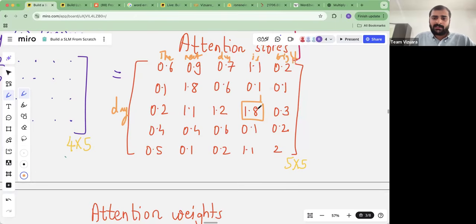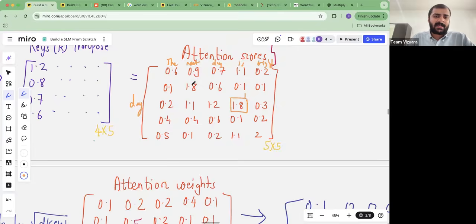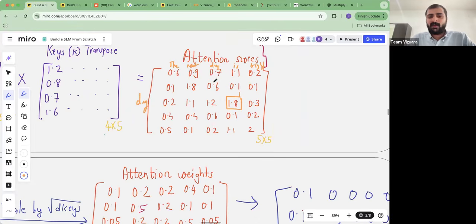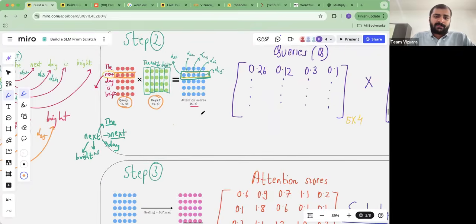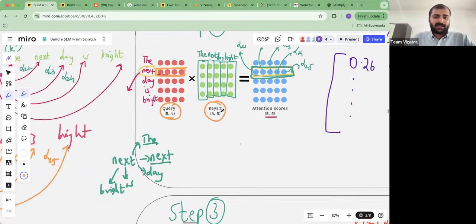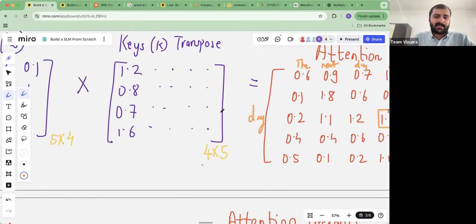So this value conveys the attention score between day and is. All these attention score values currently have meaning, but these values are random right now. We have initialized all the weight matrices randomly. We hope that when the language model is trained, these values actually make sense.